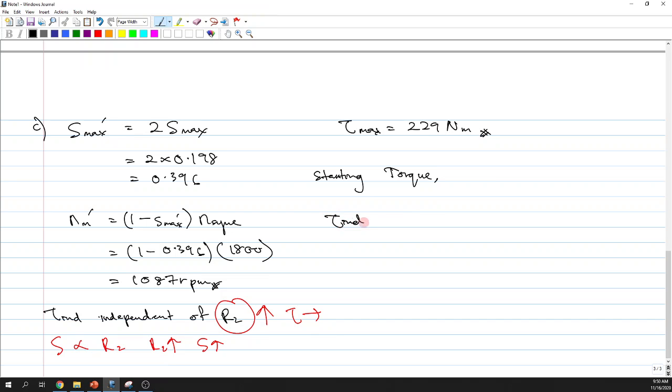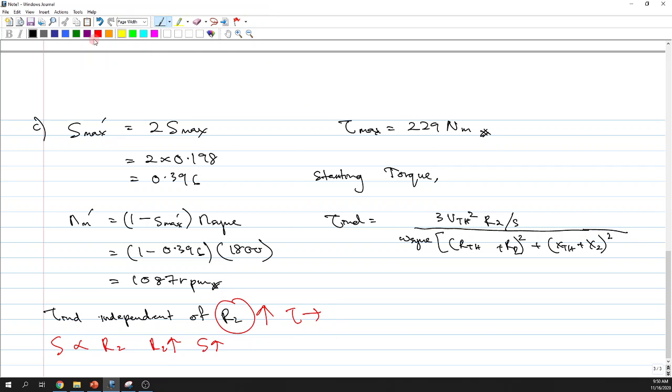T induced is equal to 3 VTH square R2 over S, where S is 1 because it is starting, times RTH plus R2 square plus XTH plus X2 square.